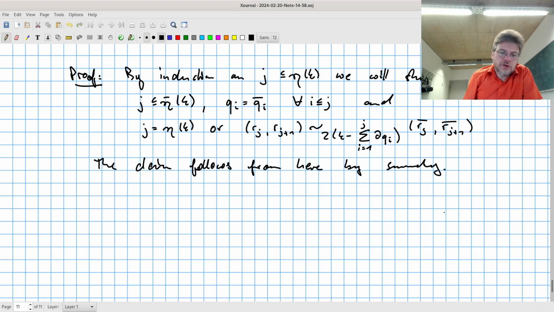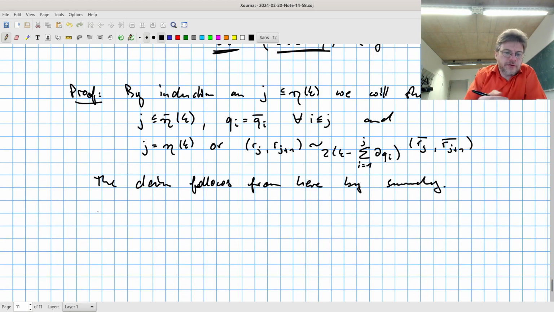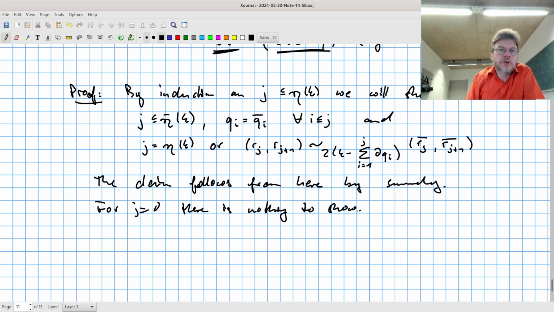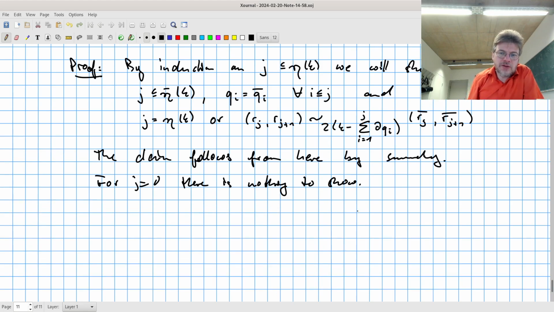Okay, so now let's go through the induction proof, and for j equals 0, there's nothing to show, because the statement is empty in this case. And now let's look at the induction step.